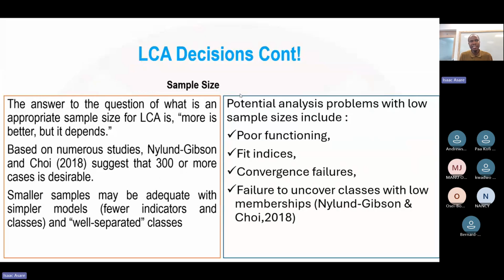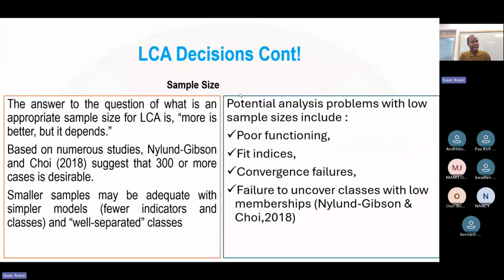If you have a limited sample size, it will be difficult for you to make a proper decision about the research that you are doing. But if you have a lot of them, you'll be able to make a concrete decision. But the question is, how big should be big? How small is small? These are some of the things that we should take note of.